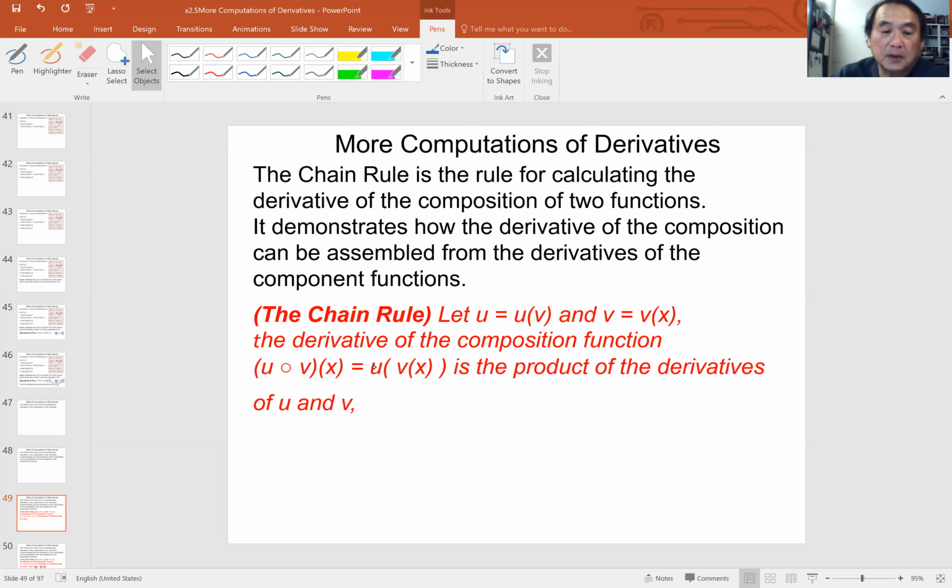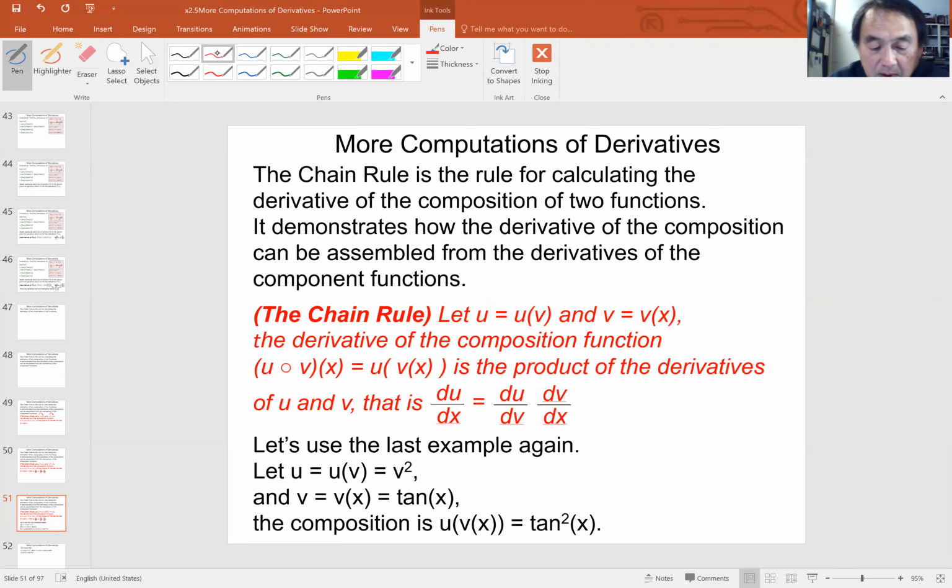Suppose I have a formula u, and it's a formula based on the letter v. It's a function in v, if you like, and then v itself is a function based on x. So it's a two-layer formula.